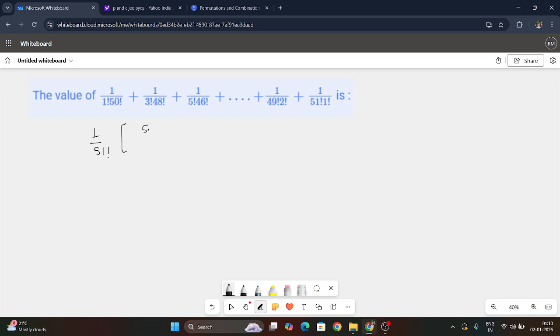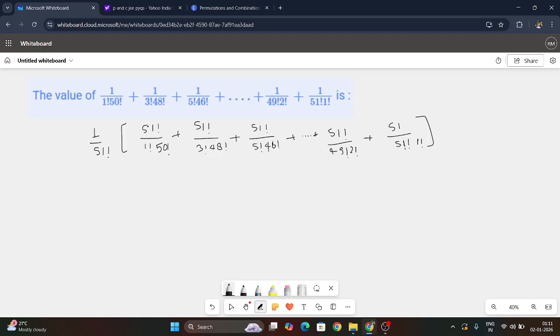So this is going to be 51 factorial divided by 1 factorial and 50 factorial, plus 51 factorial divided by 3 factorial and 48 factorial, plus 51 factorial divided by 5 factorial and 46 factorial, and the second last term is 51 factorial divided by 49 factorial and 2 factorial, and the last term is 51 factorial by 51 factorial and 1 factorial.